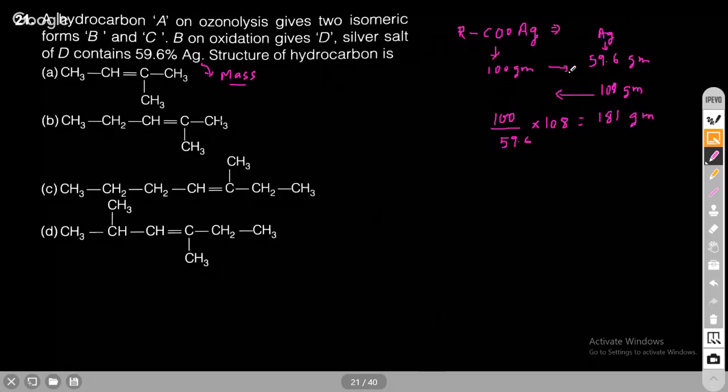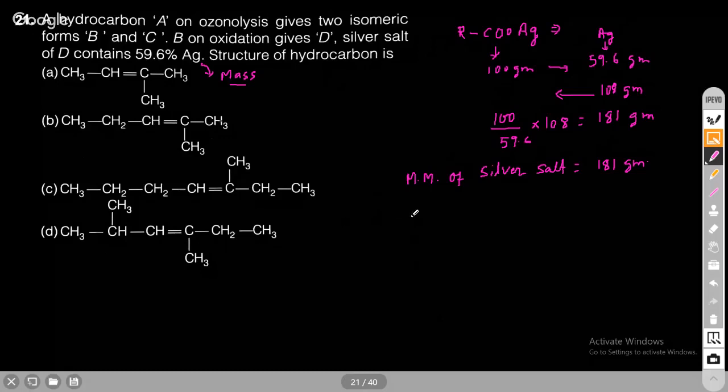So the molecular mass of the salt is 181 gram. This is the molecular mass of the silver salt. Correct.